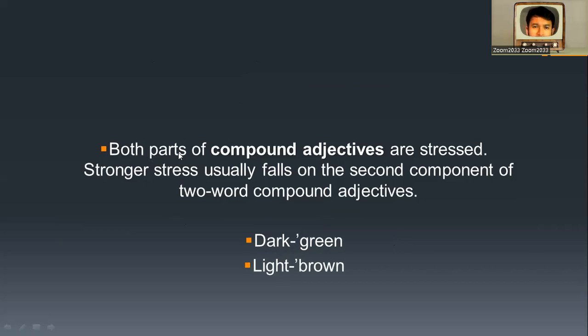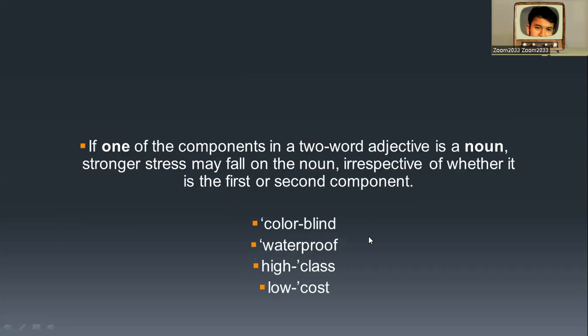Both parts of a compound adjective are stressed. Stronger stress usually falls on the second component of a two-word compound adjective, such as dark green, light brown. So the stress is on the second component, or second word.